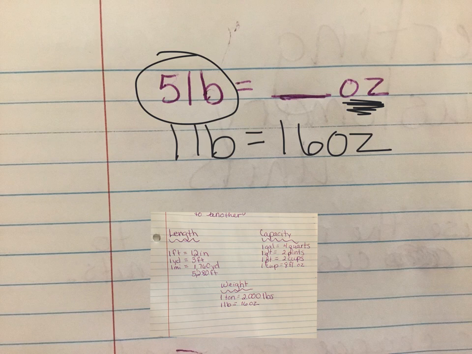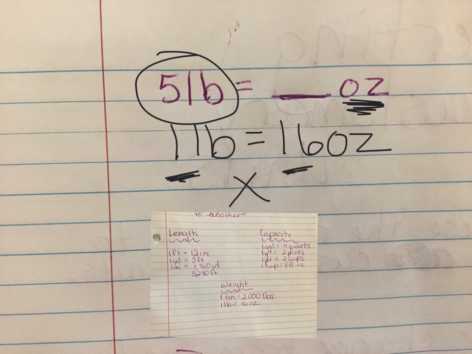So from here, from 1 to 16, the number itself, did it get bigger or smaller? It got bigger. 1 went to 16, so it got bigger. Because it got bigger, I'm going to times.